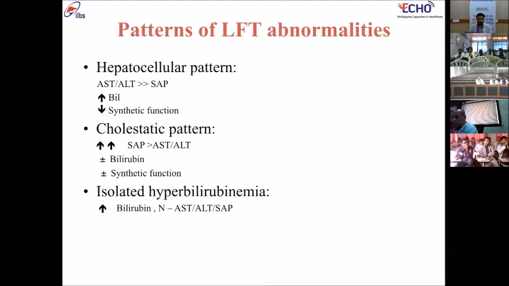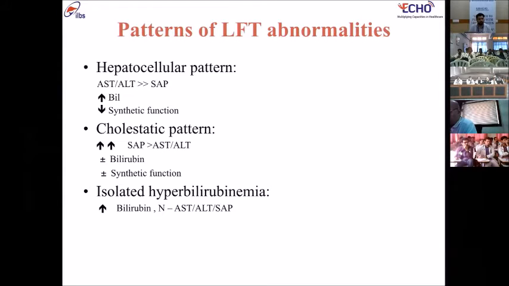So the pattern of LFT elevation needs to be seen, whether it is hepatocellular, whether it is cholestatic, or an isolated increase in the bilirubin level. Hepatocellular pattern is usually AST-ALT greater than the alkaline phosphatase, with a predominant increase in the bilirubin and decrease in the synthetic function of the liver, which is usually denoted by the INR and the albumin level.